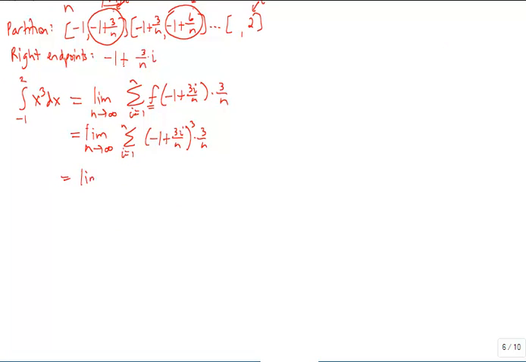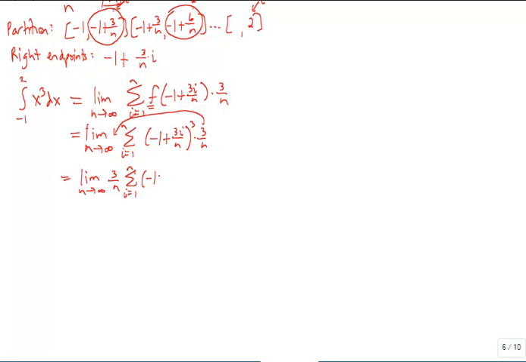So now at this point we're going to need to do some simplifying. Take that regular width, that partition width, and pull it out. It doesn't have an i in it, so we're allowed to pull it out of our sum. And then I'm going to have to do this nasty work of cubing out this negative 1 plus 3i over n quantity cubed. If you do that, you're going to get a negative 1 cubed, which stays negative 1.